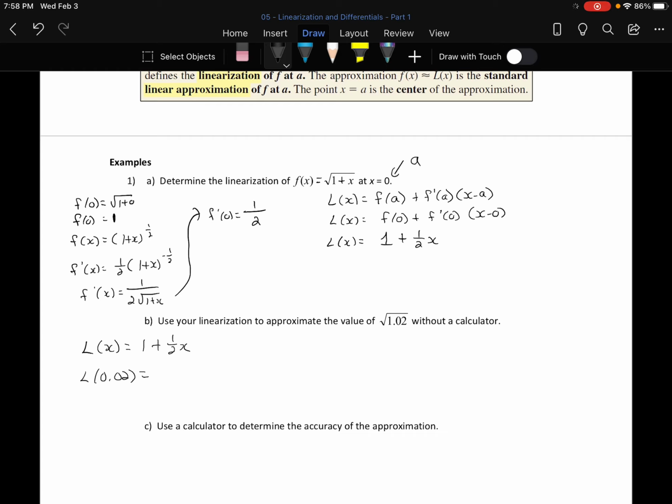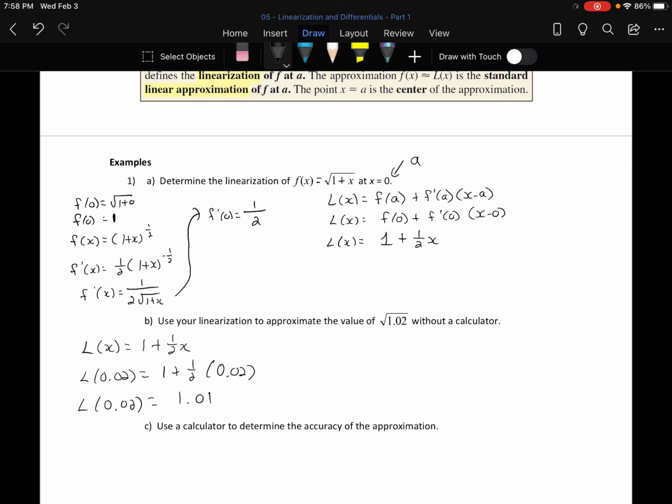I want to be 0.02 away from the a, the 1 underneath the brackets here. So I go 1 plus 1/2 of 0.02. I don't even need a calculator to think this out. I can take half of 0.02 in my head and get 1.01. So my linearization tells me that a good estimate of the square root of 1 plus 0.02 is 1.01.